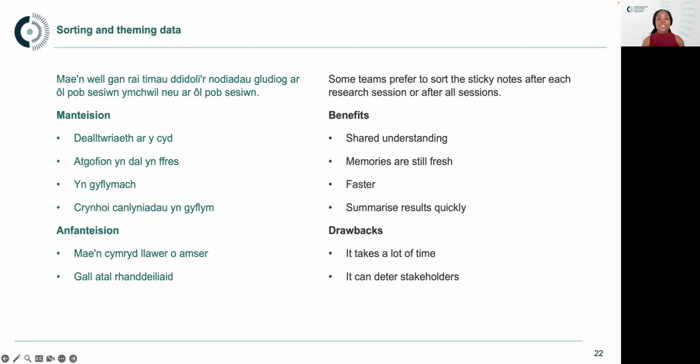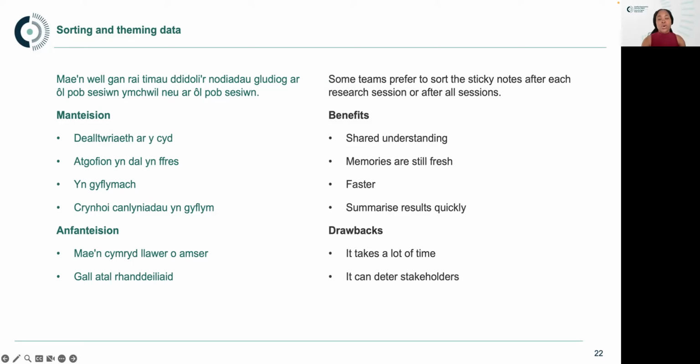So the benefit of this is that it helps the team gain a shared understanding after each user. It also reminds you and your team members of what they saw right when your memories are still really fresh, which can help with further discussion and with observing future sessions.